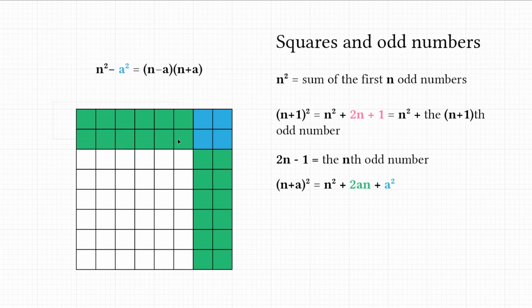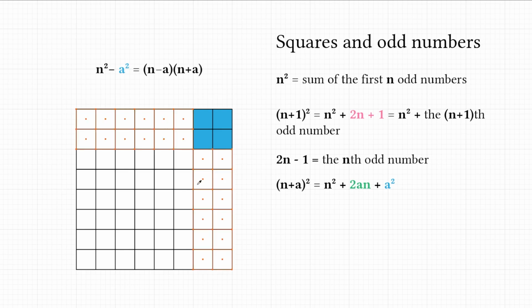We don't need the green highlighting anymore, so I will make everything white except for the negative square that we're subtracting. In fact, I'm going to make it into a separate square and make everything white.